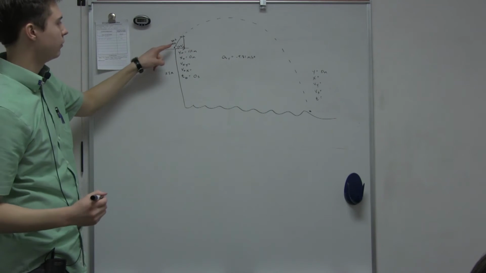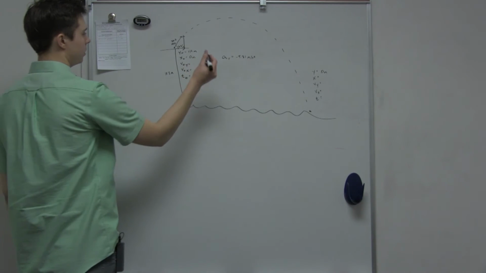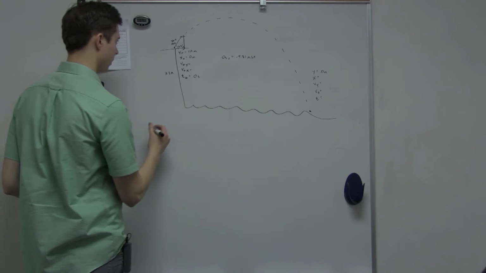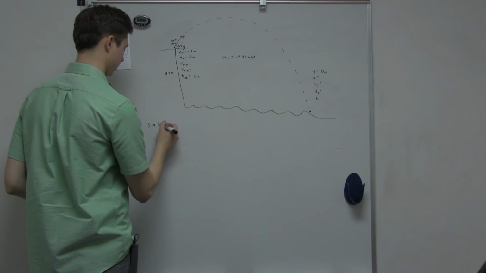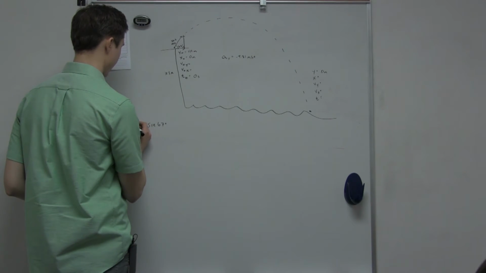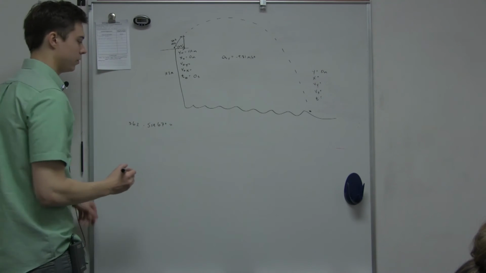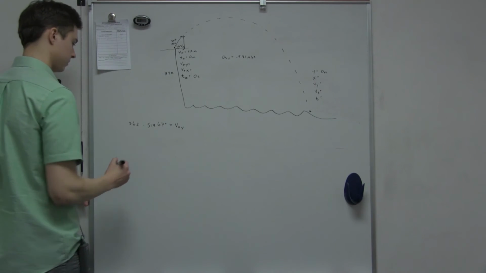We know the magnitude of our hypotenuse, and we know an angle, so we can use trig functions to figure out our y component and our x component. So we can say sine of 67 degrees multiplied by our hypotenuse, which is 36.2, will equal our v naught in the y dimension.